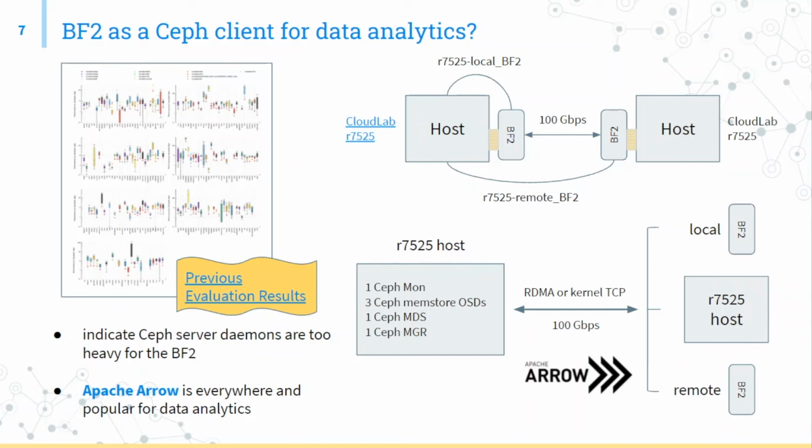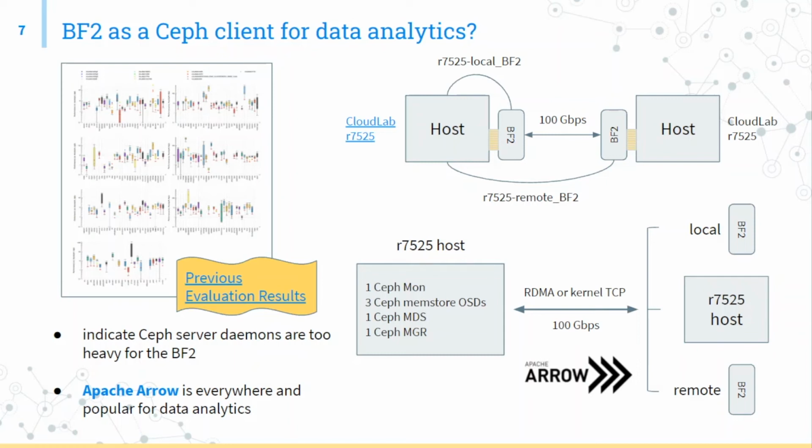For figures starting from next slides, the label R7525 to local BlueField-2 means the communication is between a host and its local BlueField-2 card, while the label R7525 to remote BlueField-2 means the communication is between a host and a remote BlueField-2 card.